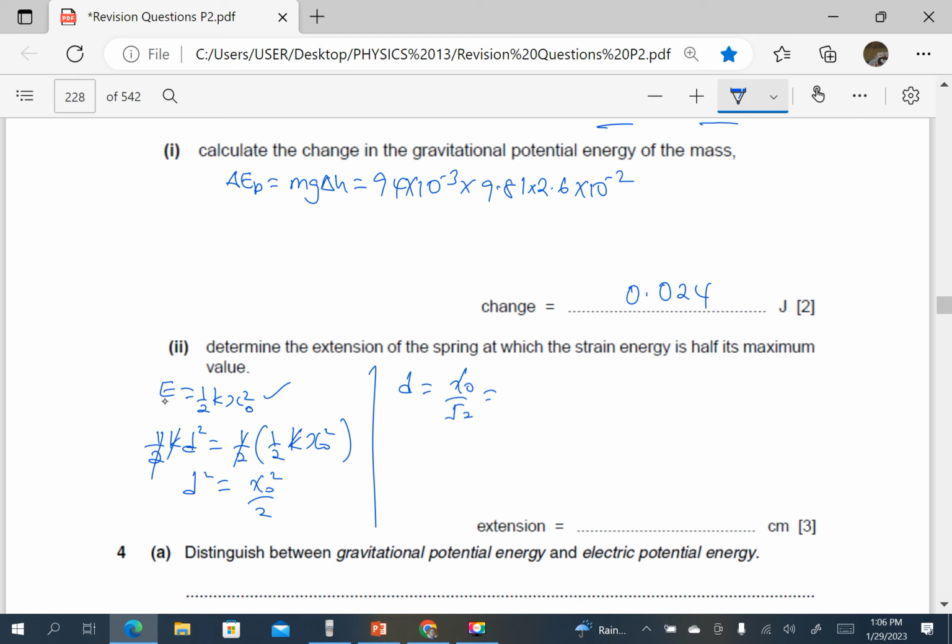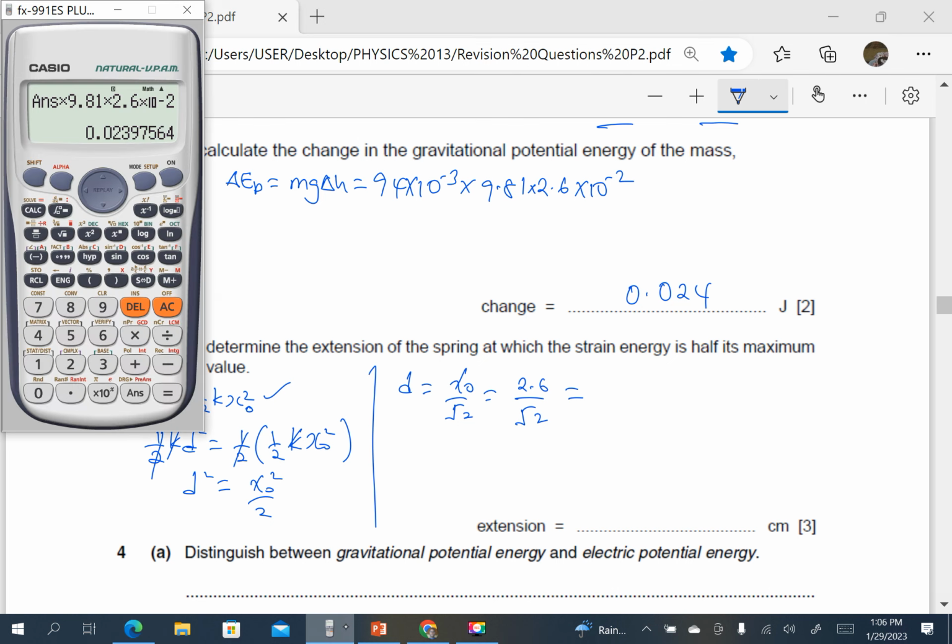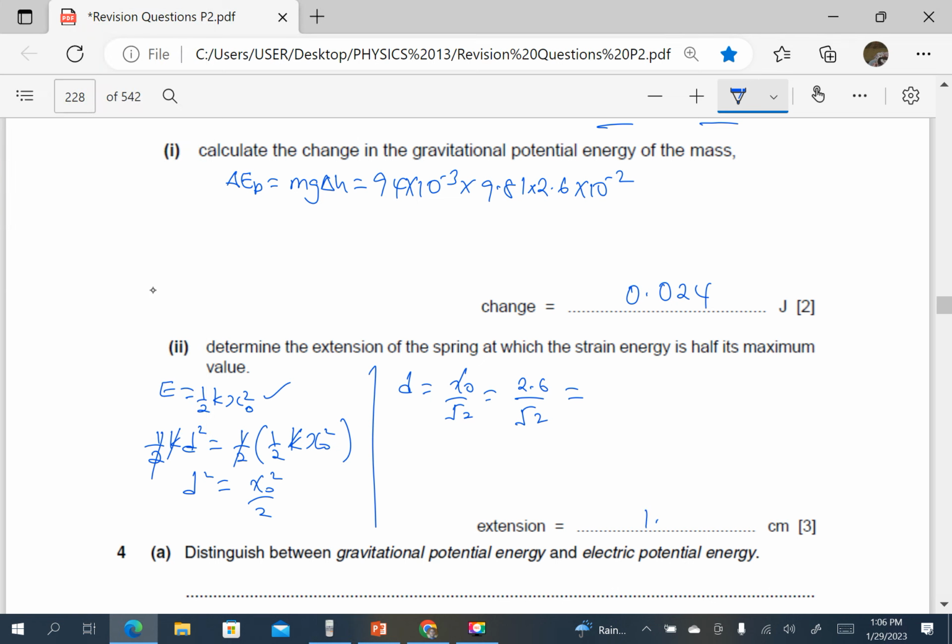The maximum was at 2.6. So this is 2.6 divided by root of 2, which is 1.84 centimeters. So I just use the simple relations here.